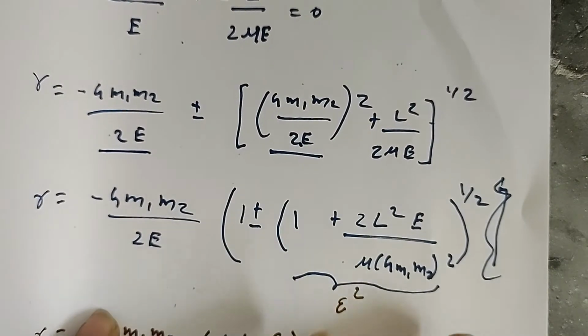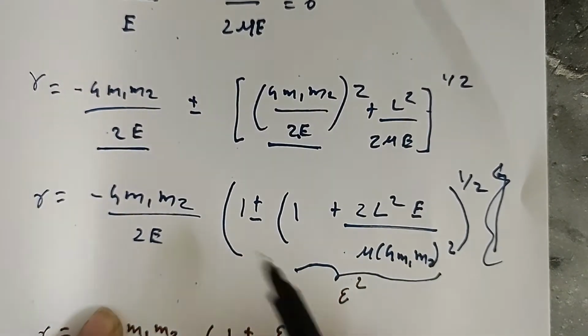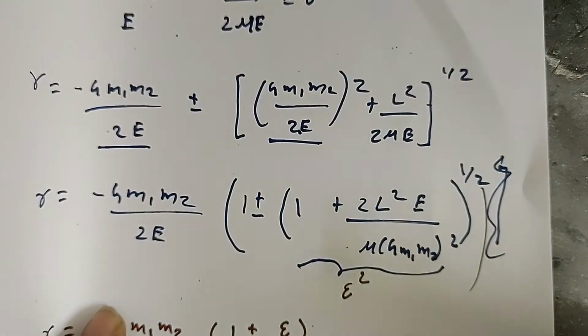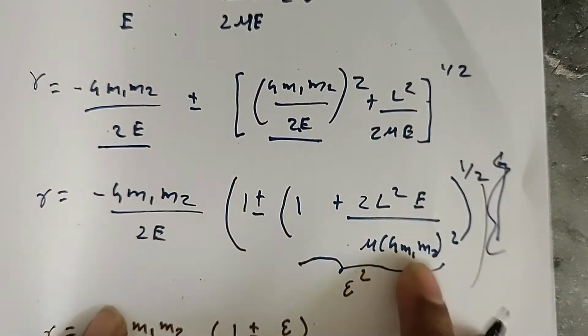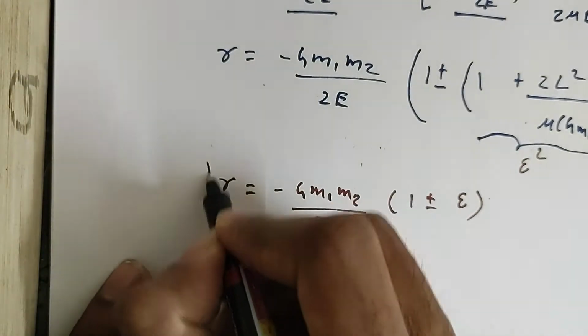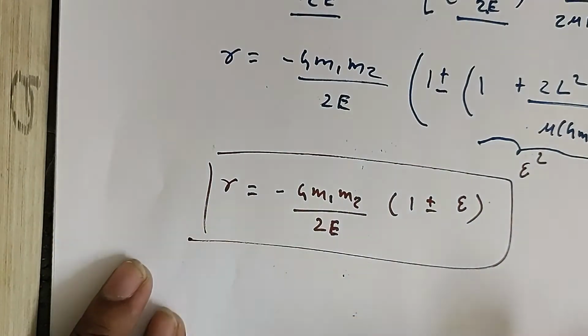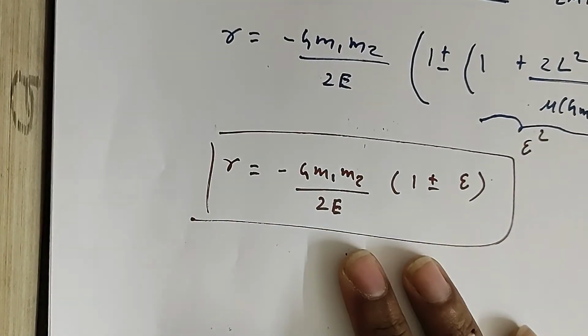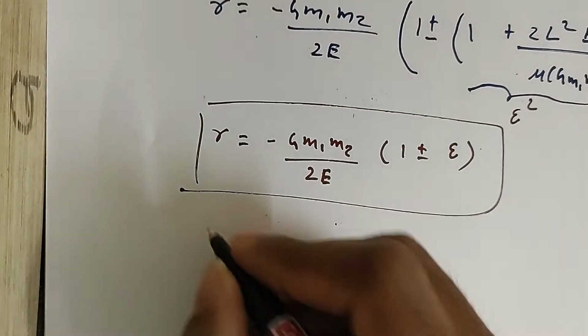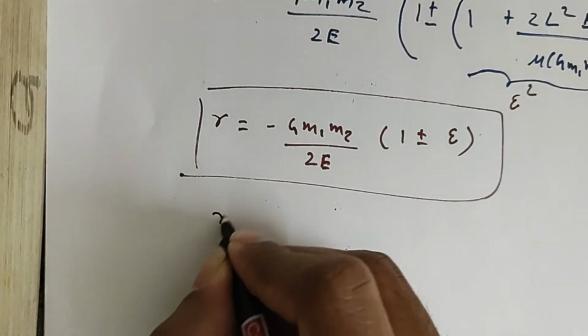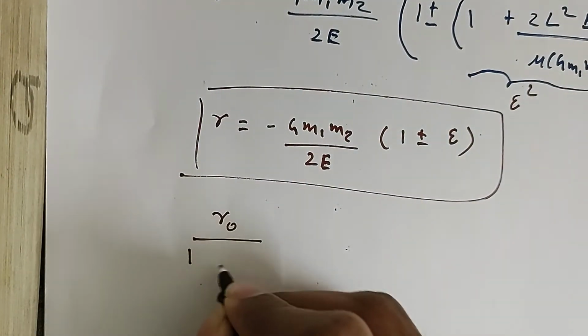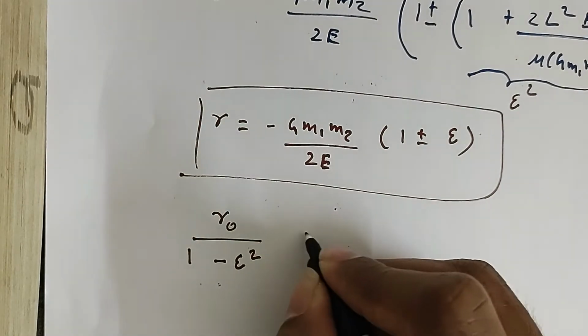See, you have to note this: the square root is only for this particular parenthesis. It doesn't need to cover this whole expression. So we got an equation of R in terms of eccentricity and energy. Now I can further simplify because I know the value of R. I know R is equal to R naught times 1 minus epsilon square.